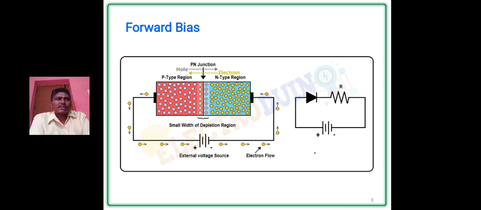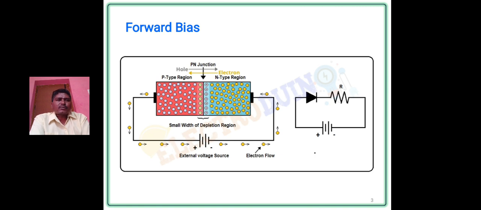In forward bias, the negative terminal of the battery is connected to the n type semiconductor, and the positive terminal of the battery is connected to the p type, that is p is connected to positive supply, n is connected to negative. If we connect like this, then the PN junction diode is working in forward bias.